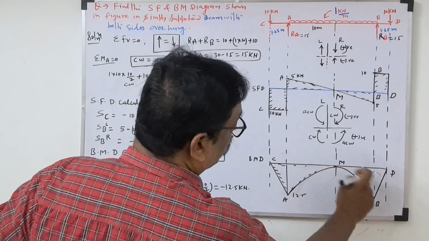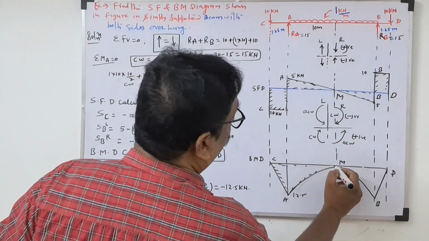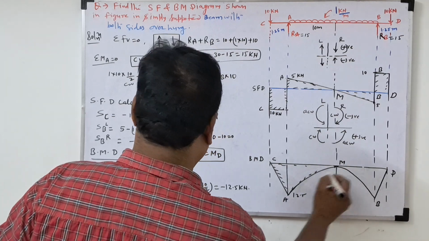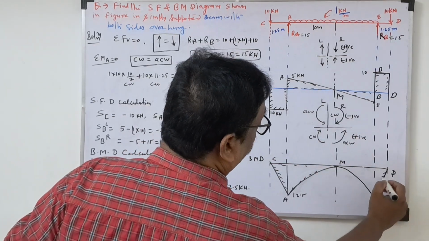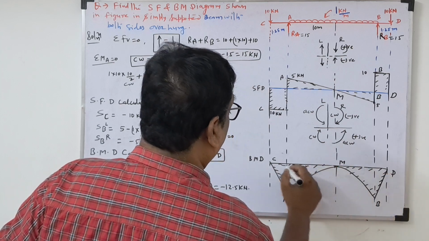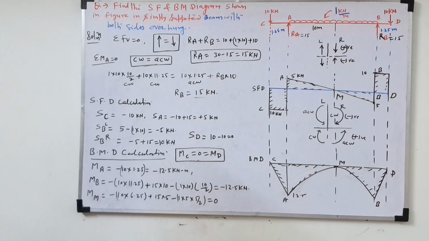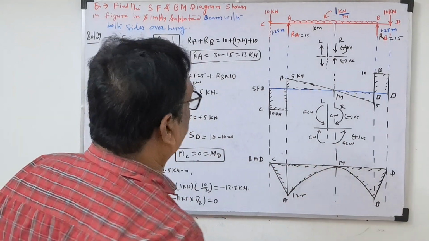So this and this part will come the same. Now bending moment at M will be 0, so this will touch here. And bending moment at D is 0. So join this line. This is the bending moment diagram. So this way we can calculate this. Luckily, by the symmetrical axis, the diagram will look like this.